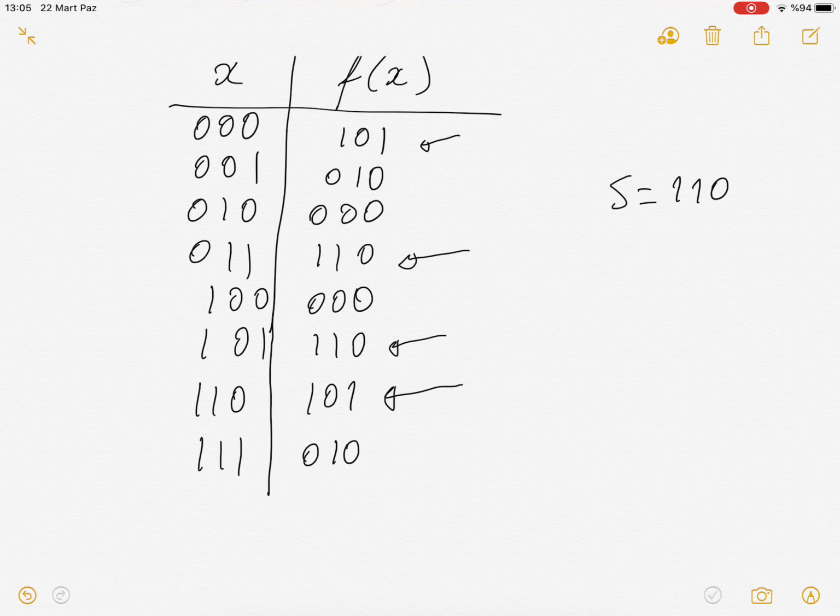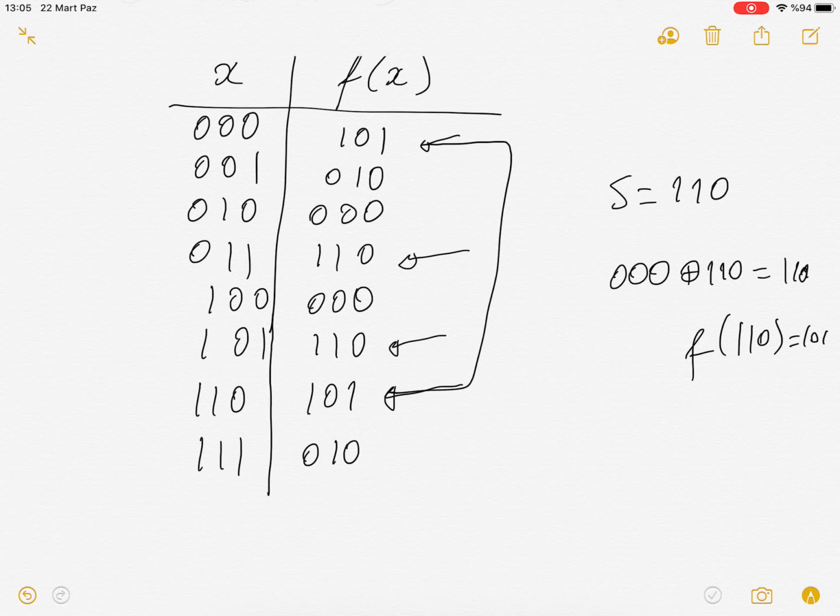Take for instance 000. If you XOR 000 with 110, then you get 110, and f of 110 is again 101. So these two pair with each other. So in this case, s is equal to 110.